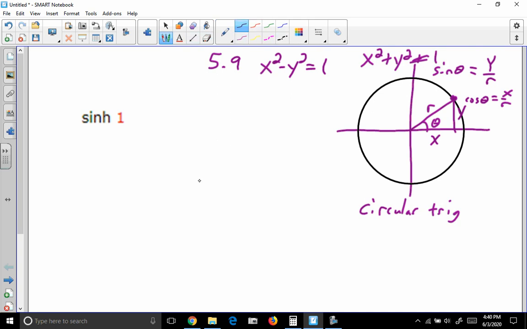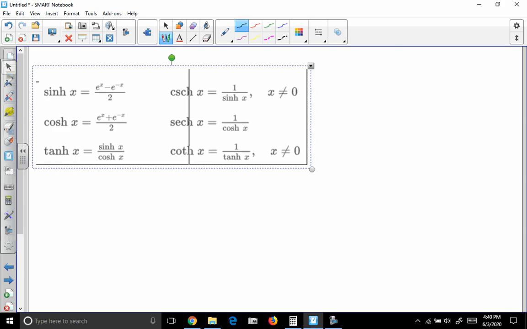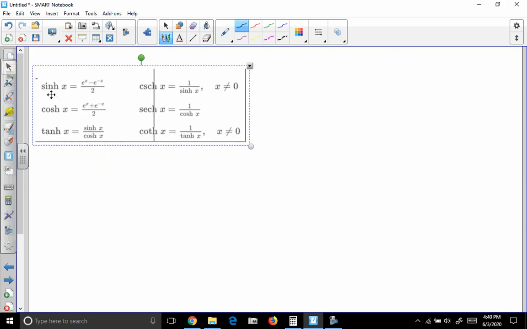If you look in your book, I'll pull it up. Let me copy this over. These are the definitions of the hyperbolic trig functions. If we're trying to calculate hyperbolic sine, we calculate it by doing e to the x minus e to the negative x over 2.